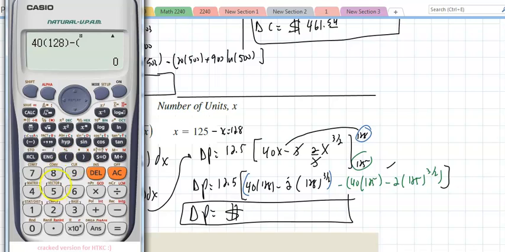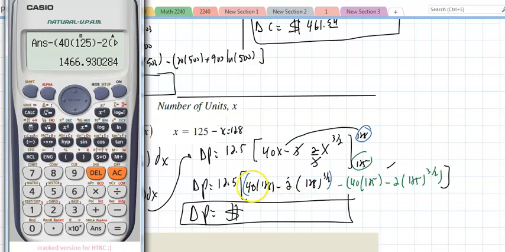Minus twice 128 raised to the 3/2. That's the first number. Minus parentheses 40 times 125 minus 2 times 125 raised to the 3/2.